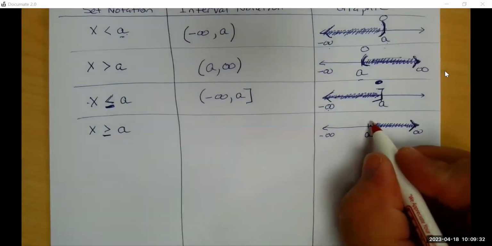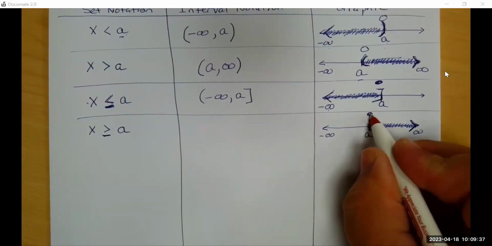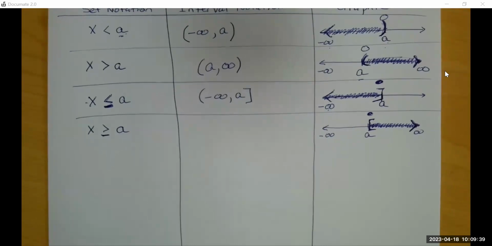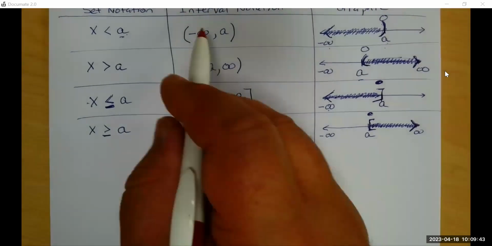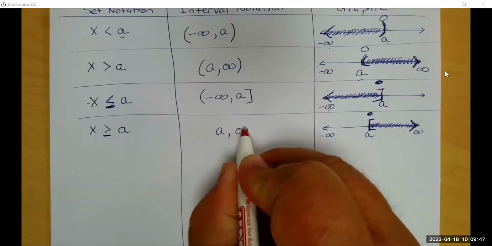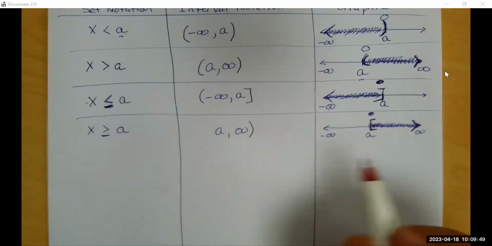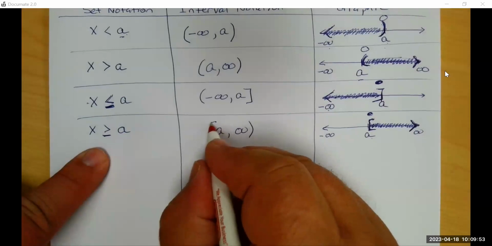And since it's equal to, then it's a bracket or a solid dot. Again, for the interval notation, take your beginning and end point. Infinity is always in parentheses. Since A is equal to, I can put a bracket on.